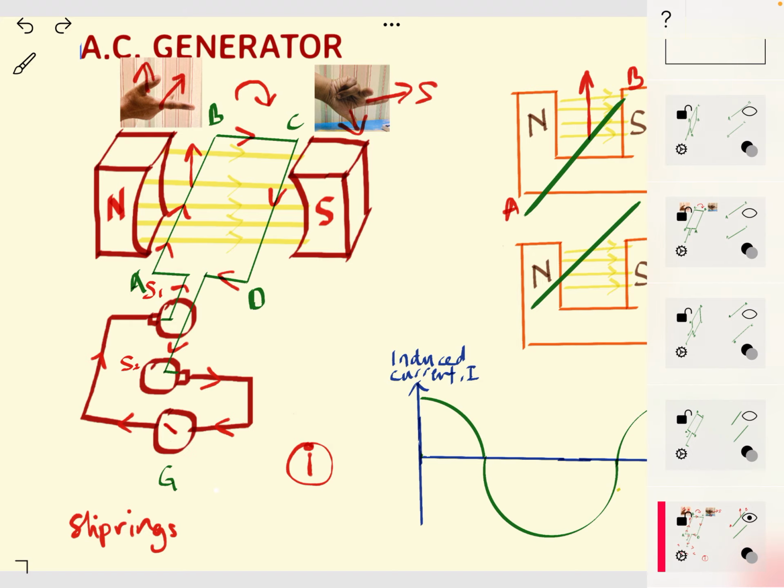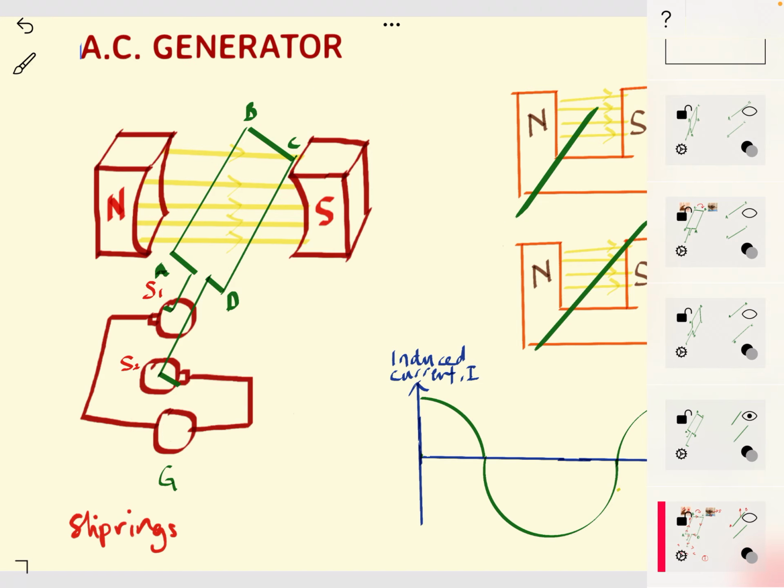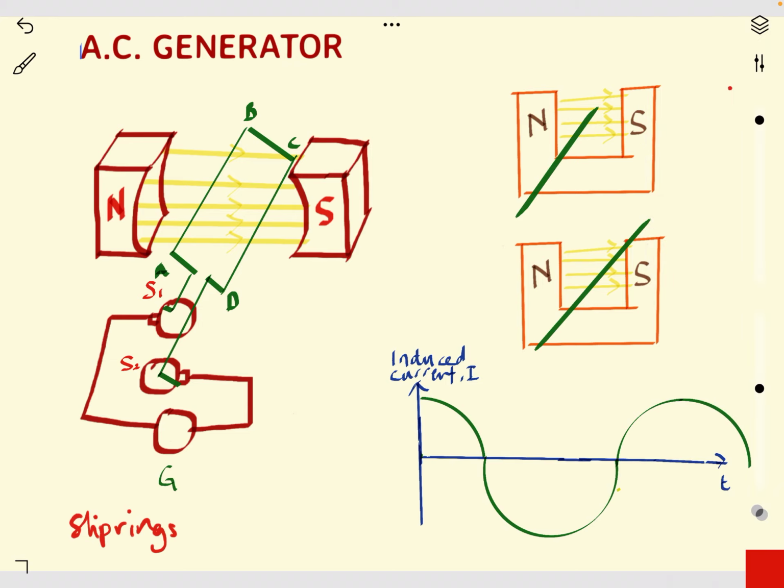Now I'm going to the next slide. We have learned that AB moves upward. Now you can see that the coil has been inclined a little bit, like 45 degrees. So AB actually moves in this direction, and CD moves in this direction.